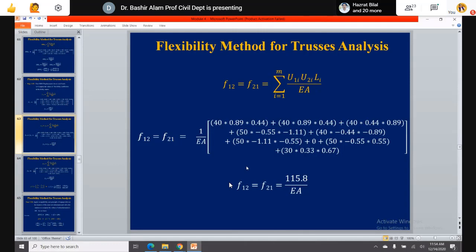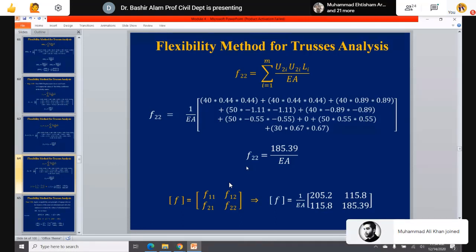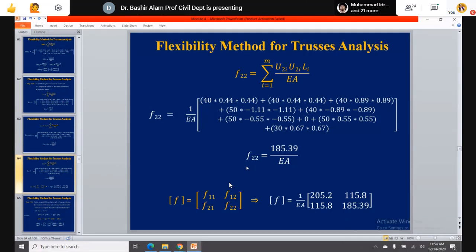F12, which is equal to F21, is coming equal to 115.8 over EA. F22 is coming now 185.39. Again, a square term is involved, U2 squared, so it is always going to be positive. So the F matrix is generated.